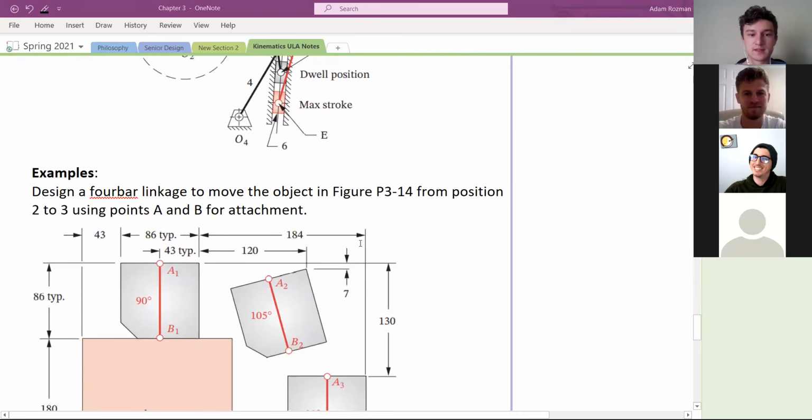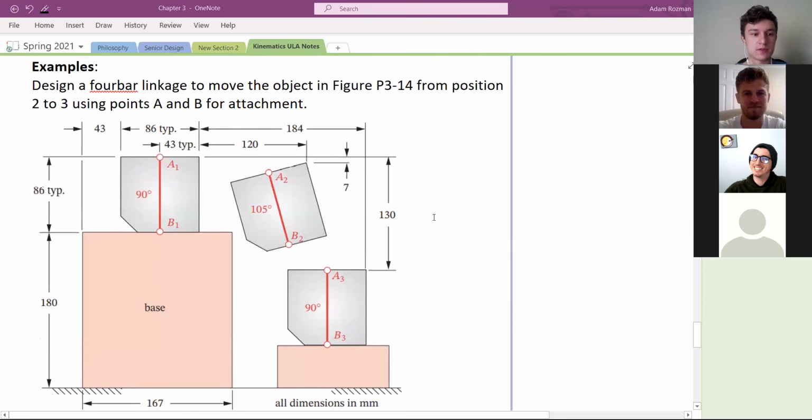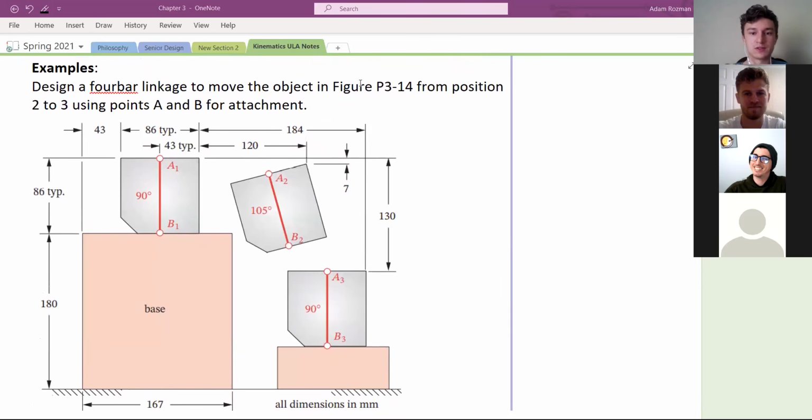So this is, I think, basically the question you had on your homework. So you want to make a linkage to go from, let me choose a different color, this position to this position.